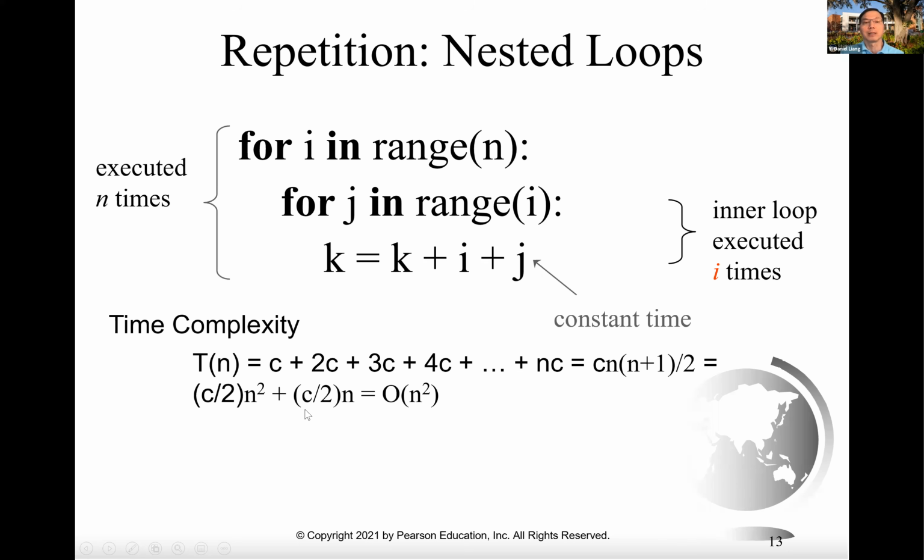Because you ignore the non-dominating part, the n part is non-dominating. You only retain the n squared part, and you ignore the constant factor. So eventually it is order of n squared time. The complexity of this is the same as the previous one.